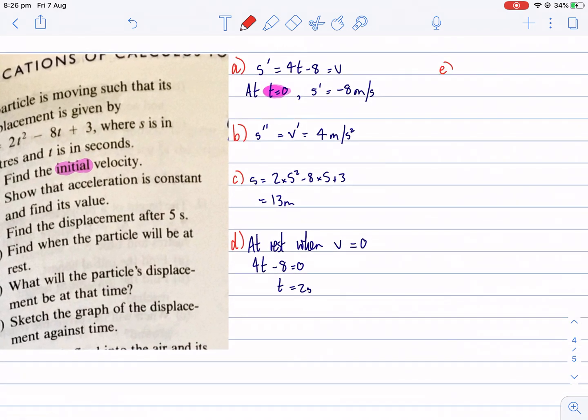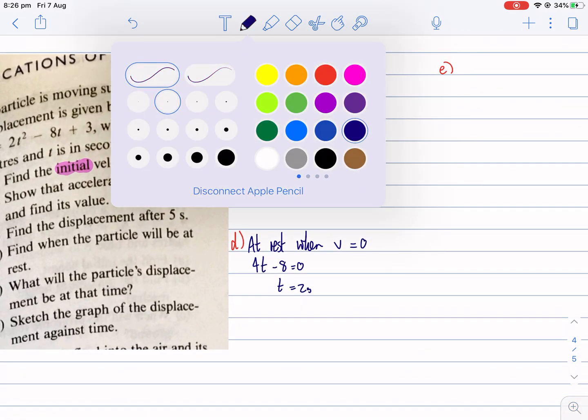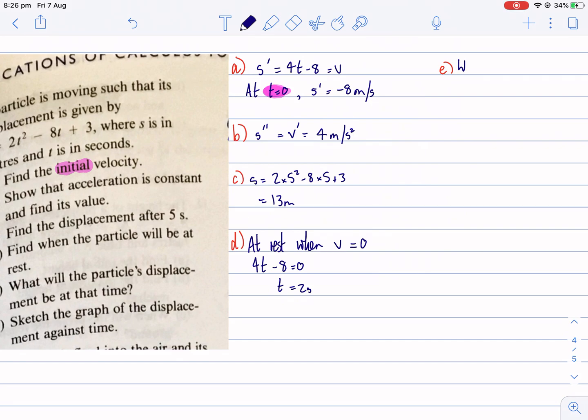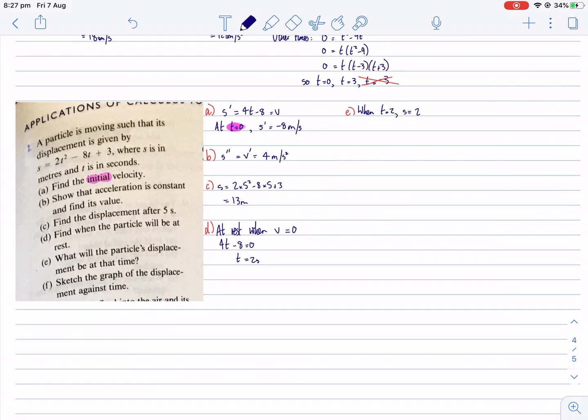Question E, what would be the particle's displacement at that time? When t equals 2, s equals 2 times 2 squared, take 8 times 2 plus 3, which is -5 meters. Again, it could be below ground.